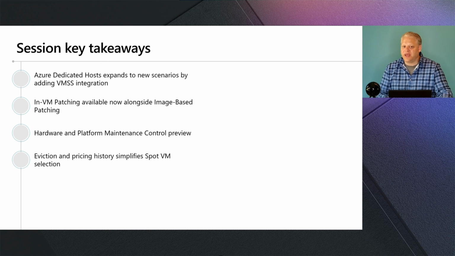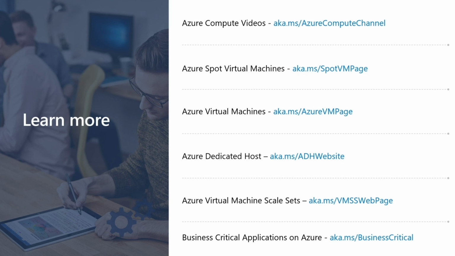Maintenance control again leverages and integrates with the OS patching as well as hardware updates and infrastructure updates within Azure, giving you more control on when updates are applied to your machine. And then finally, the eviction history and pricing history for Spot, giving you more control.